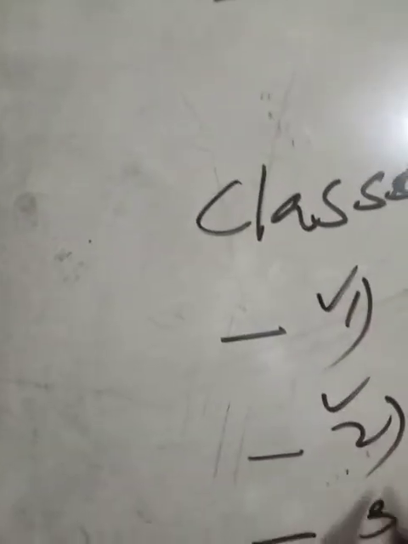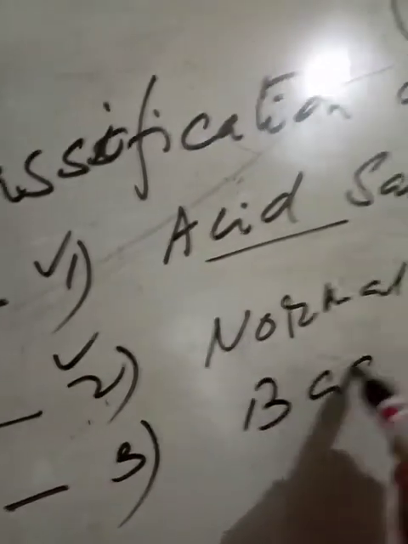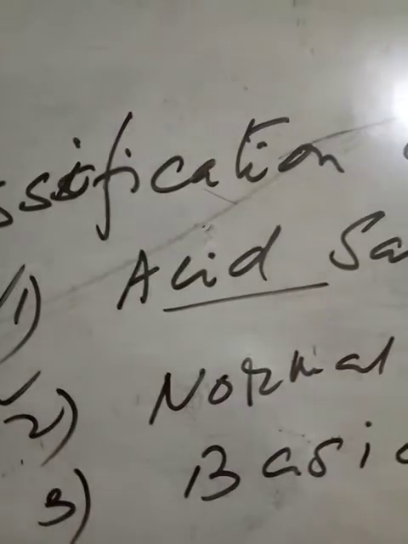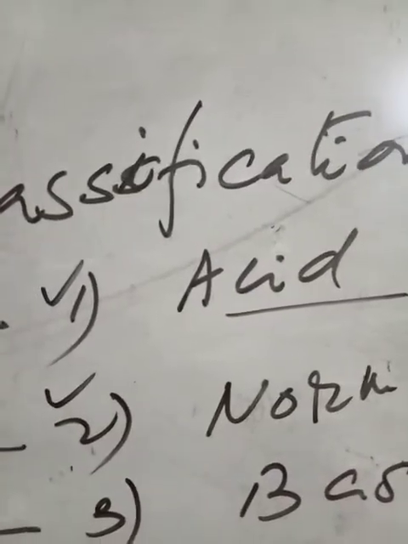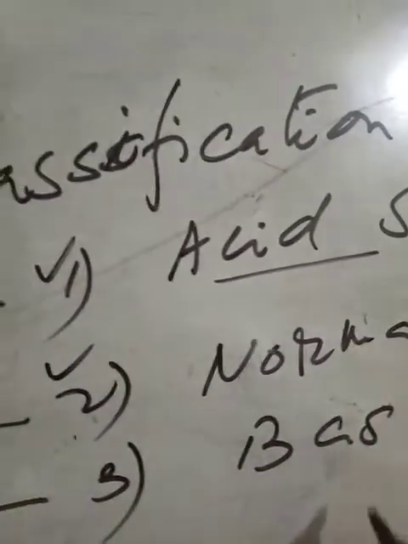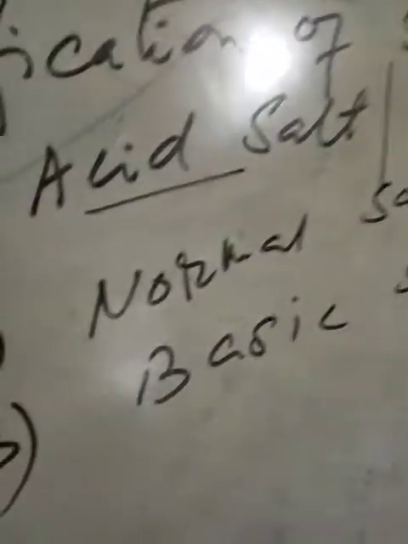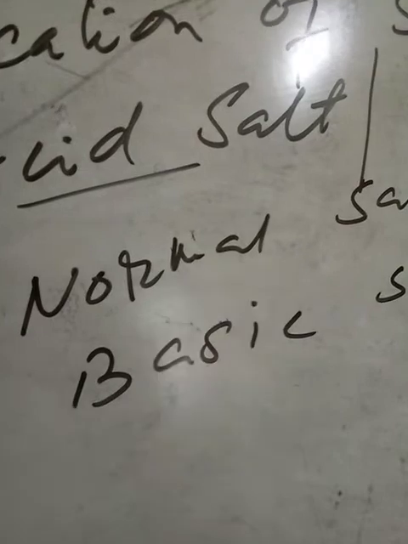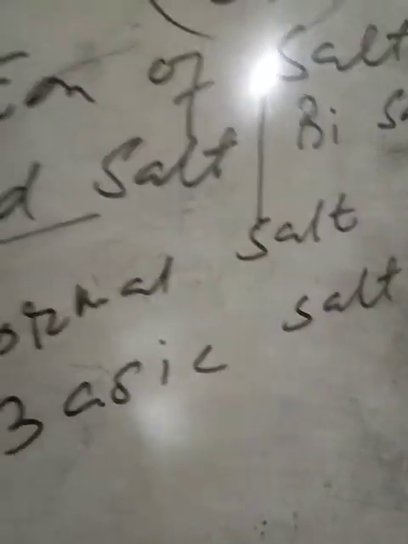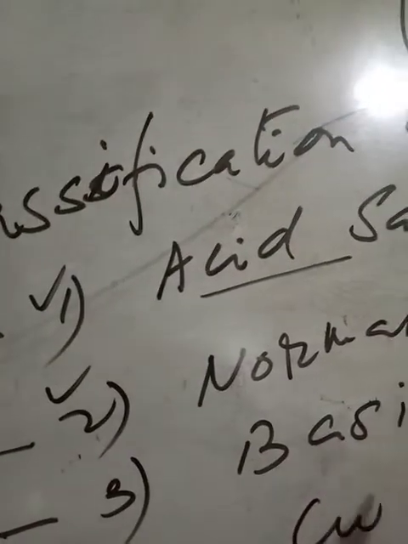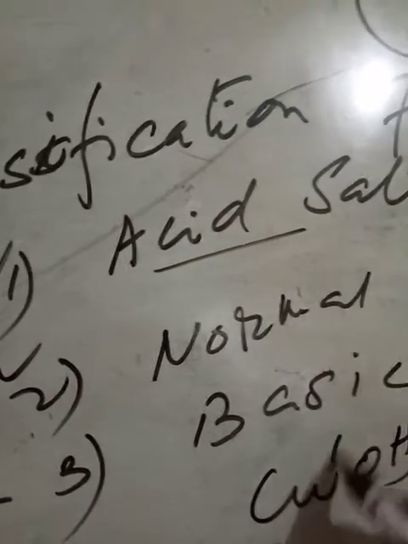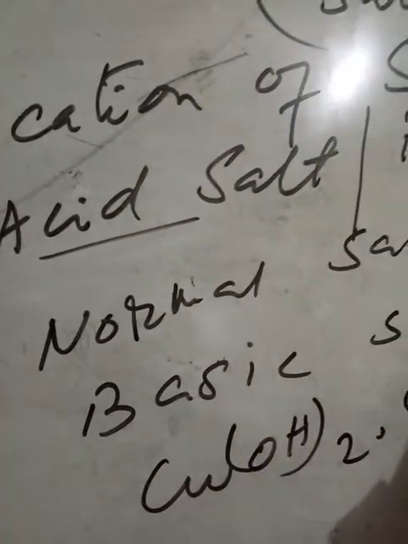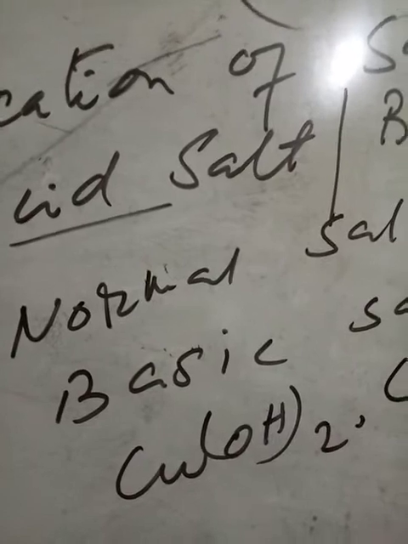Another example is basic salt. Basic salt is where the alkali group OH is partially replaced. Say Cu(OH)NO3 or Cu(NO3)2.